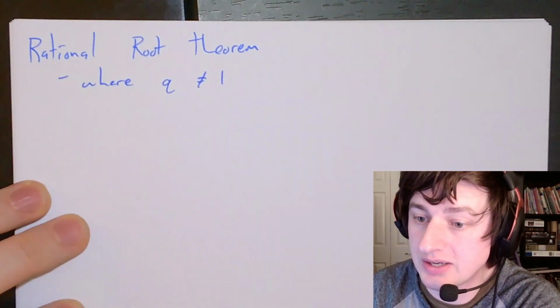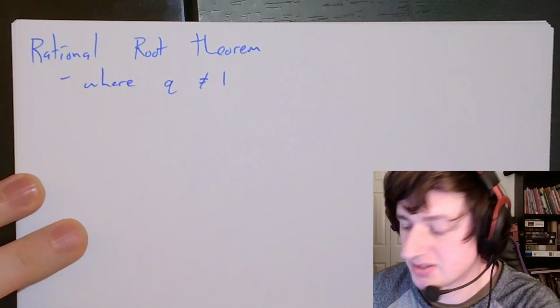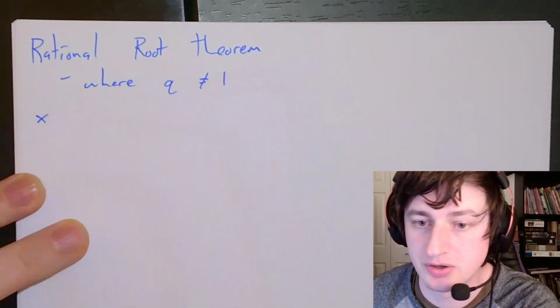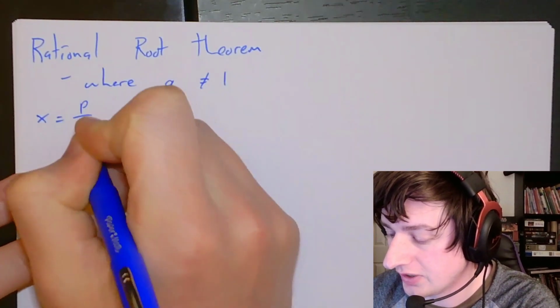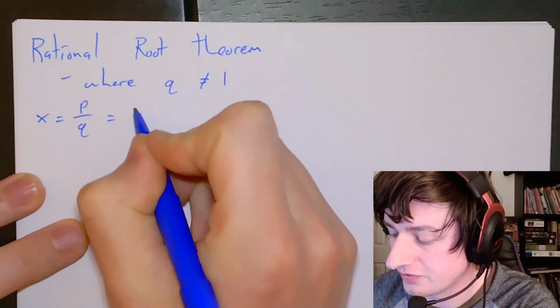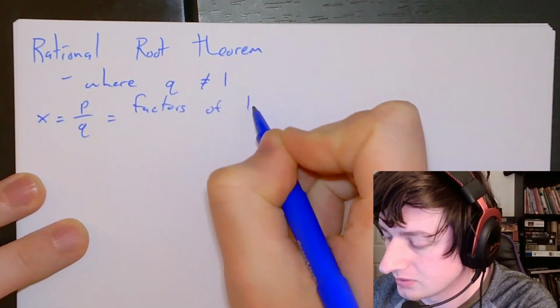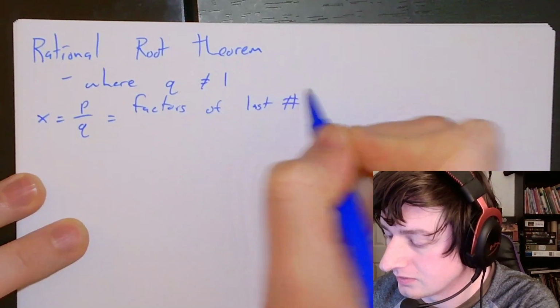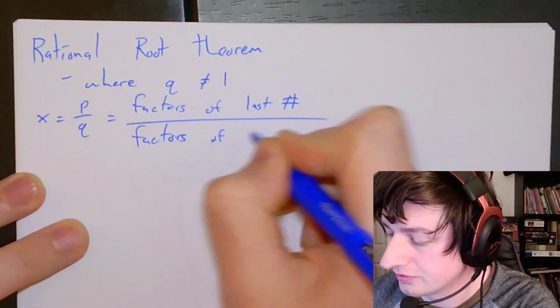So if you remember back to our last class period, we talked about the rational root theorem. Rational root theorem just says that the solutions for a polynomial are going to be x, where we divide p and q, and this is the factors of the last number divided by factors of the first number.